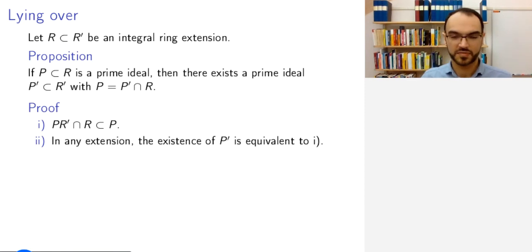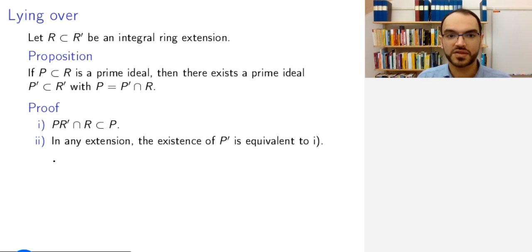The second step of the proof is to show that in any extension, integral or not, the property that we just proved is equivalent to the existence of a P prime that we want to create. So, in fact, the integrality comes in the fact that this first theorem held, and it came into our ability to use Cayley-Hamilton because of this finiteness of the ring we looked at.